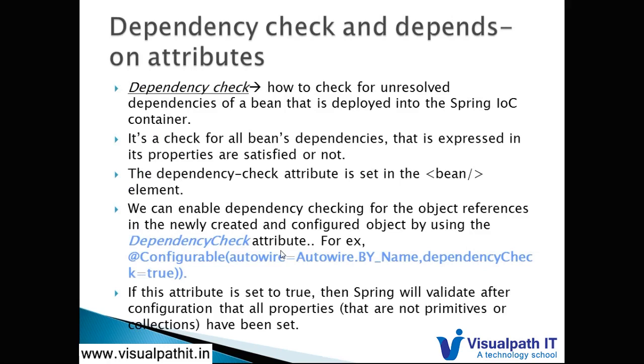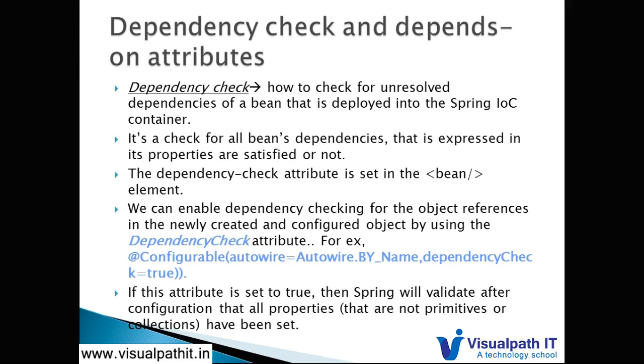First, understand the checking of unresolved dependencies of a bean that is deployed. There could be some chances that some dependencies may not be defined properly. For such deployed beans, we need to perform a dependency check, and also understand how to use the depends-on attribute.